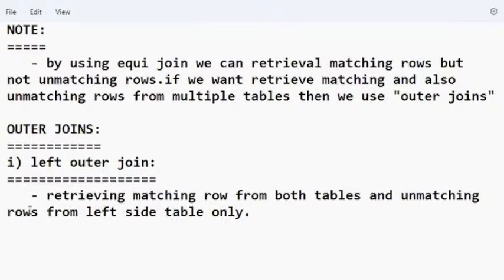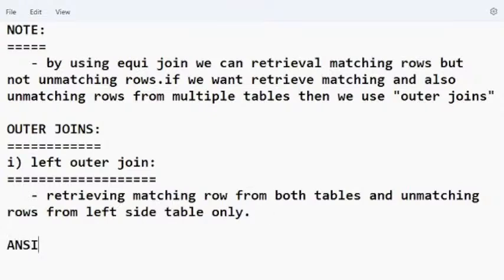Okay, so left outer join means what now? Matchings from both, unmatchings from only left side. Now, how can I use it in the ANSI format? First observe.